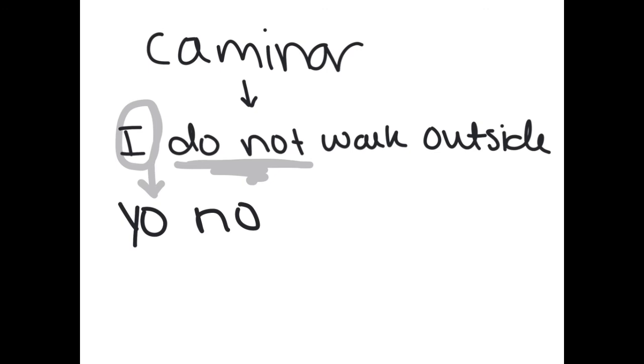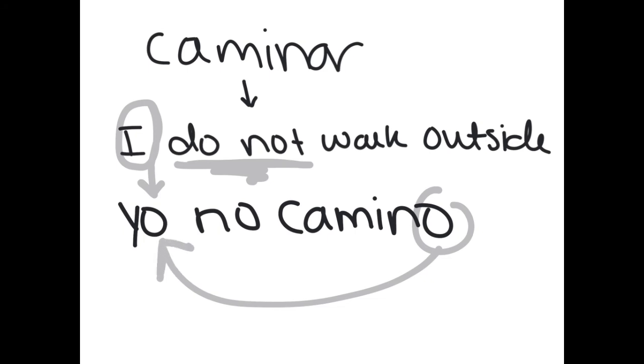So I'd write yo no camino, because as you remember, O fits the yo subject pronoun ending, and then afuera is just outside. So the sentence would read, yo no camino afuera. And as I mentioned, the no comes in between the subject and the verb conjugated.